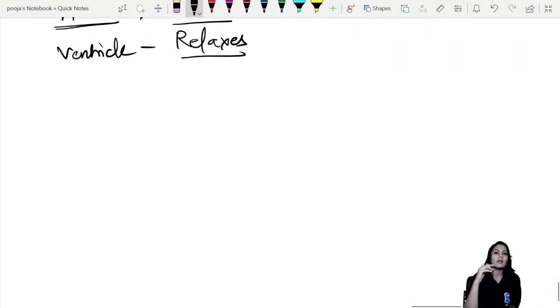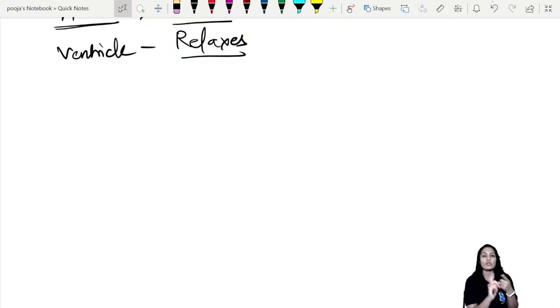What is the procedure that is going to happen in the atria? I told you, when we talk just about the systole or just about the diastole, we are talking about the ventricular. About the ventricular systole just right now, how the pressure starts to build first, that is known as isovolumetric contraction.